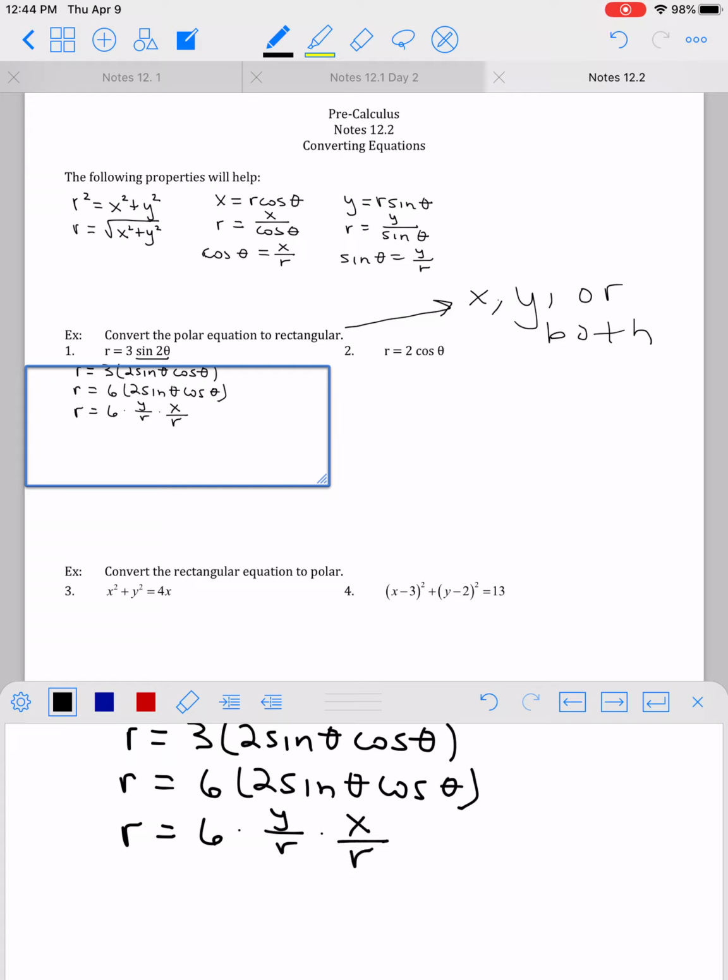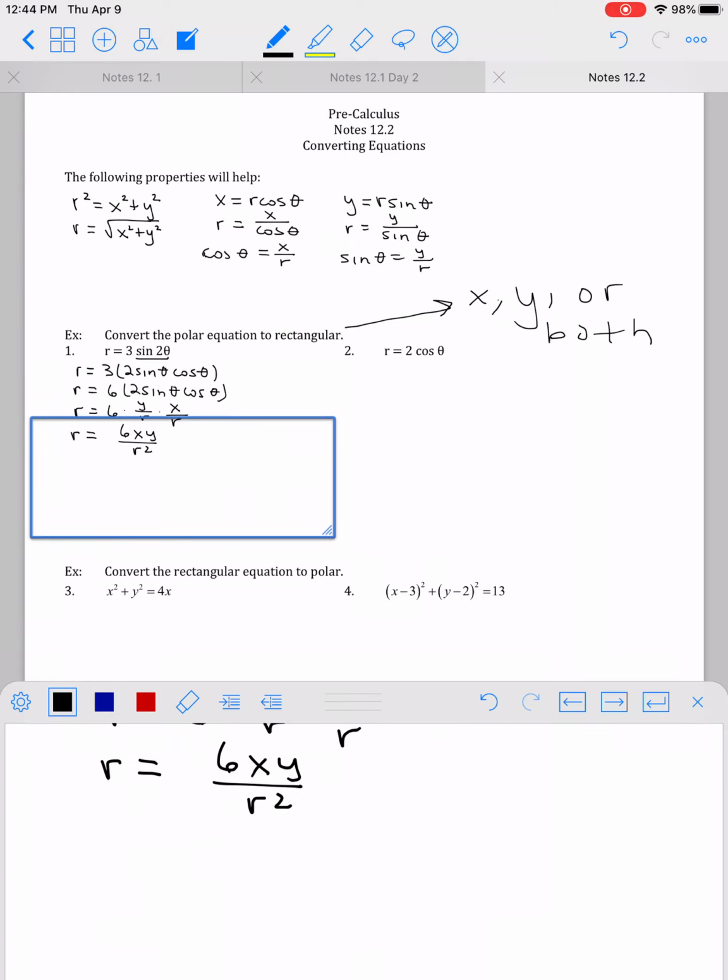All right, so now we have r equals 6xy over r squared. And then what we're going to do is multiply the r's. So r cubed is equal to 6xy.